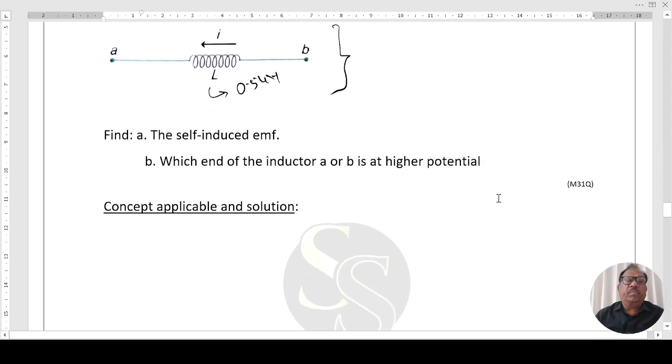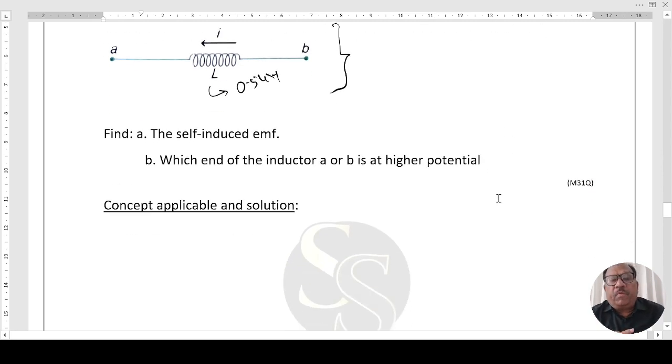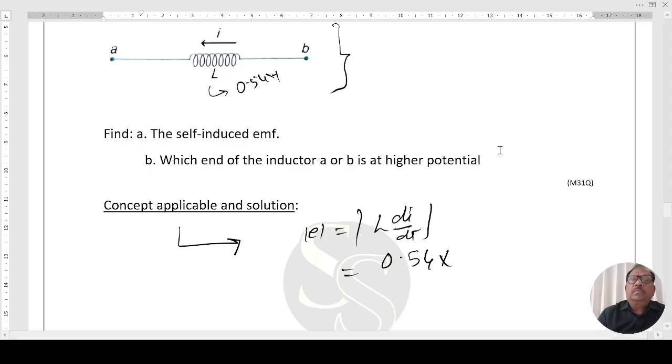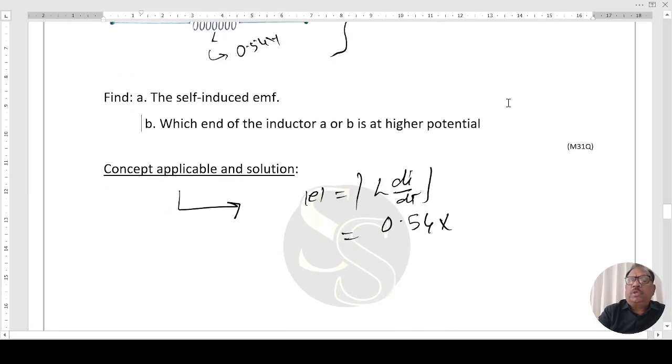To find the self-induced EMF, which end of the inductor, A or B, is at higher potential? Concept applicable: you know, EMF induced equals L di by dt. Every parameter is given to you, 0.54 into 0.03.